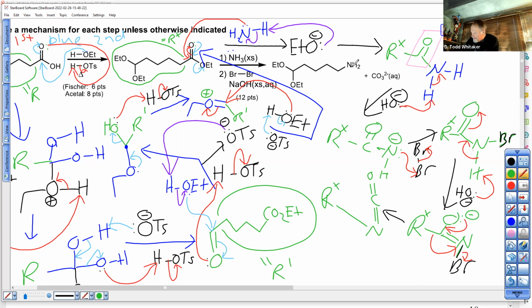But we also have to get 2 new H's on there and get rid of our carbonyl. And that involves a lot of manipulations with hydroxide and water combined. Multiple times. I'm going to do HO minus. I'm going to have a little H2O right up here too.